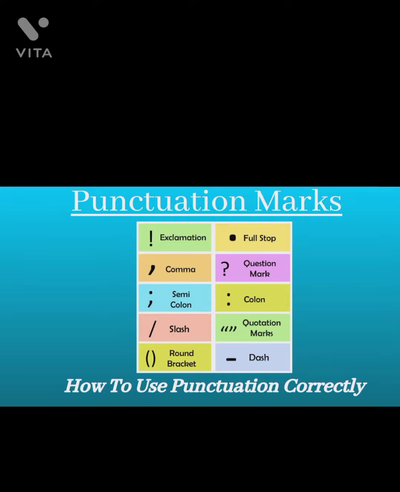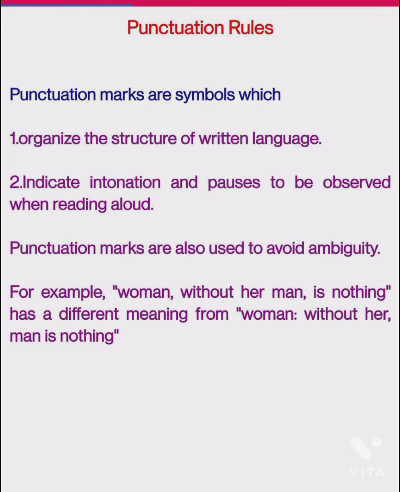Okay, so punctuation marks are symbols which organize the structure of written language, indicating intonations and pauses to observe when reading aloud. Punctuation marks are also used to avoid ambiguity.